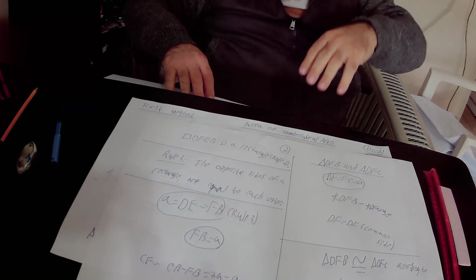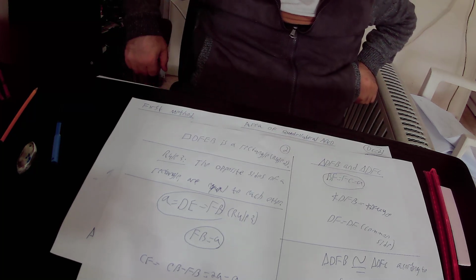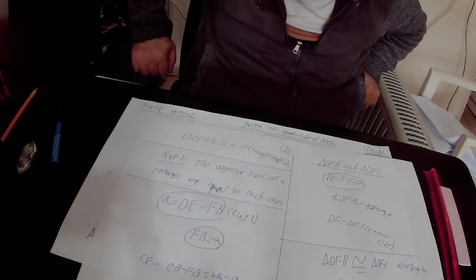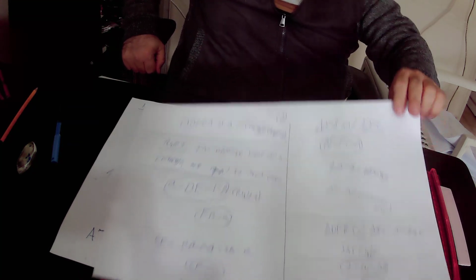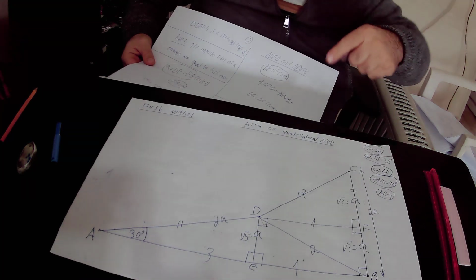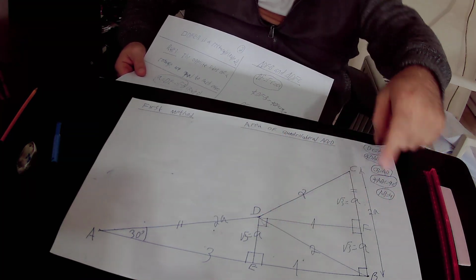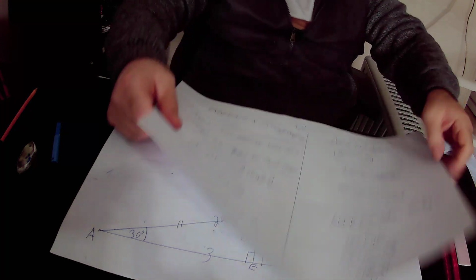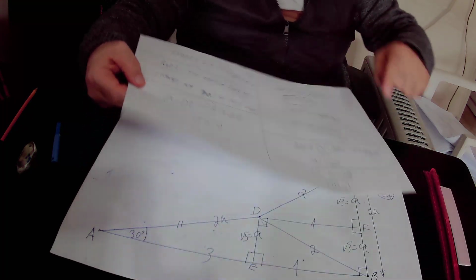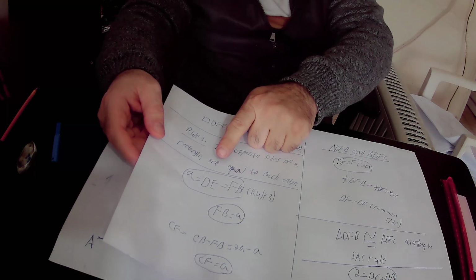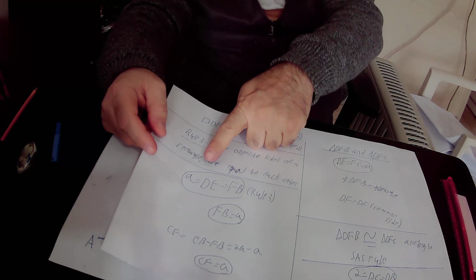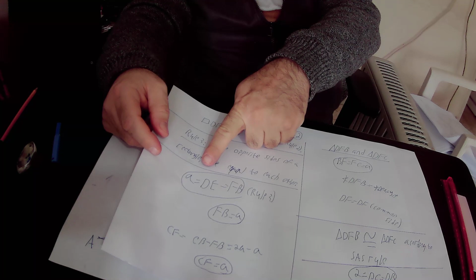Then we have rule number 3 that the opposite sides of a rectangle are equal to each other. So the opposite sides of rectangle DFEB are equal to each other. That is to say, DE equals FB according to rule number 3. But DE equals A according to our definition.